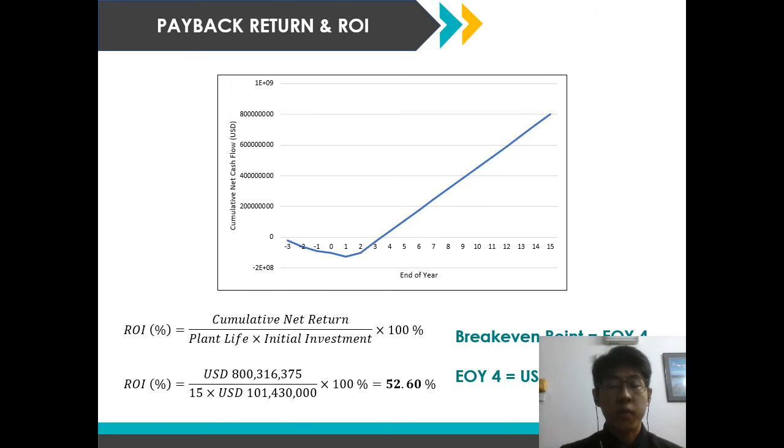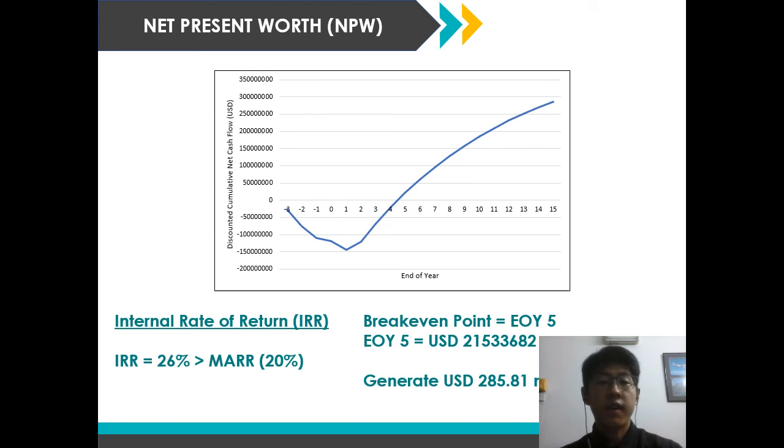This brings us to our payback return and ROI. In the graph above, we can notice that the break-even point is at the end of year 4, as shown earlier. So this gives us US dollars of 383,718.80, and we also obtain our ROI percent based on the equation as shown, which gives us 52.6%. A more accurate analysis would be net present worth, which means we discount the values back to EOY 0, bringing it all to a current present value.